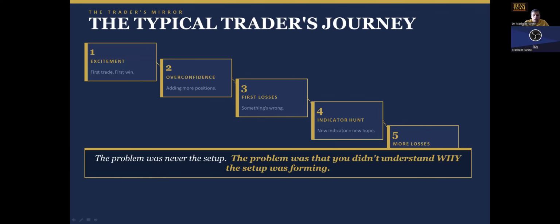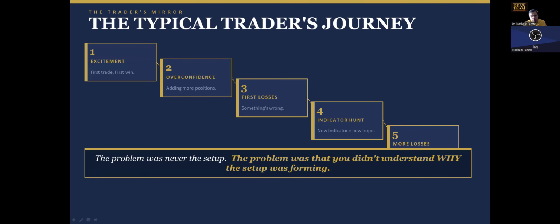They usually start when the markets are up, making new highs, and everybody is excited. So most of the time, the first trade gives a win because mostly people buy. Because of this win, there is overconfidence and people start adding more positions without thinking. Initially, everything is rosy, everything gives profit.